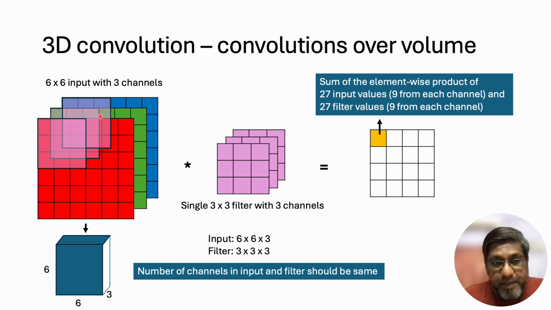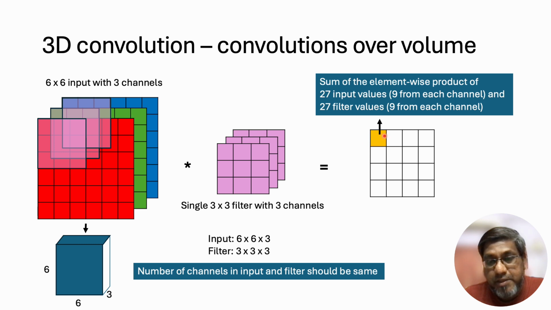Similarly, the 9 pixels on the green channel are multiplied with the 9 filter values from the second channel of the filter, and similarly the 9 pixel values from the blue channel of the input image are multiplied with the 9 values of the filter from the third channel of the filter. So after performing these element by element multiplications, we have a set of 27 numbers, and these 27 numbers are all added together to get the first pixel value of the output.